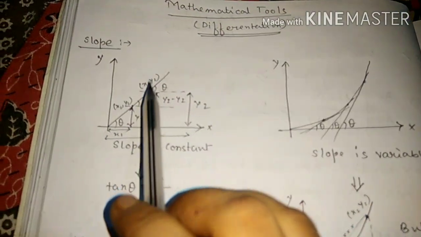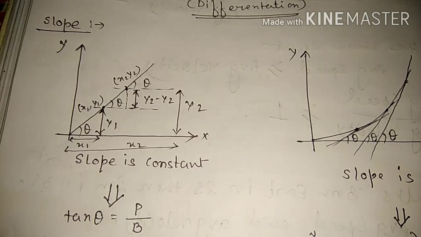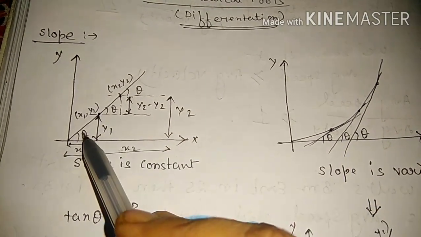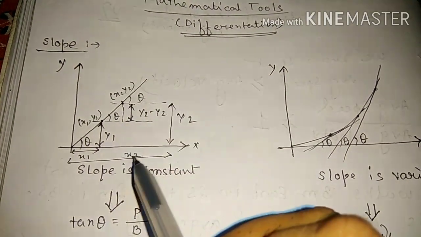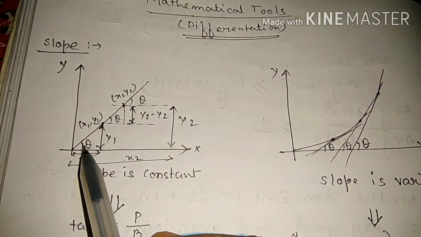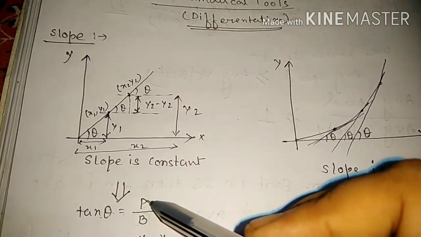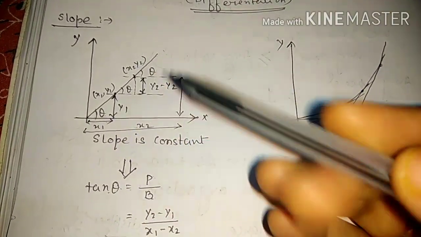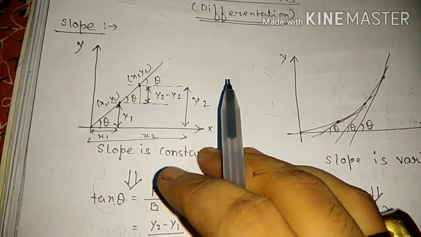If the question is what is the slope of this graph, slope means whatever angle the graph makes with the x-axis, that is theta. So tan theta equals perpendicular by base, and we say that this is the slope of this graph.